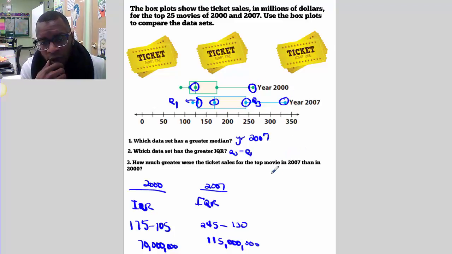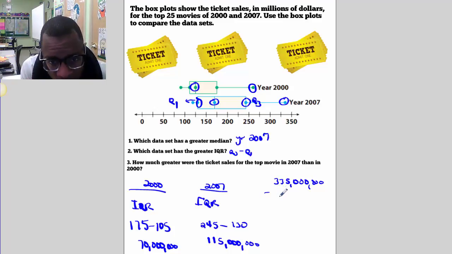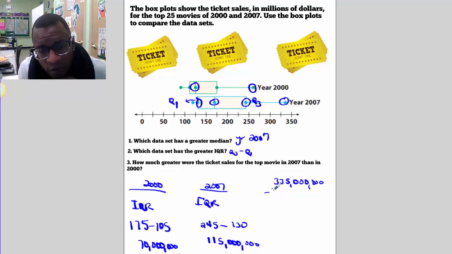So for 2007, we have a max value between 325 and 350, so I would say about 335 million. And for 2000, I'm going to say approximately 265.